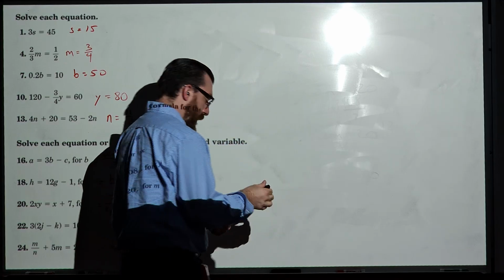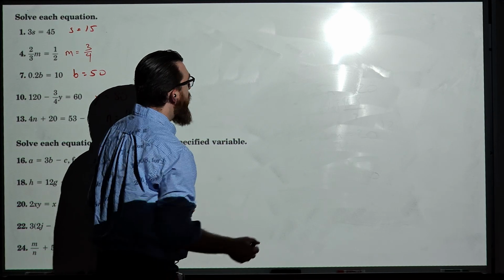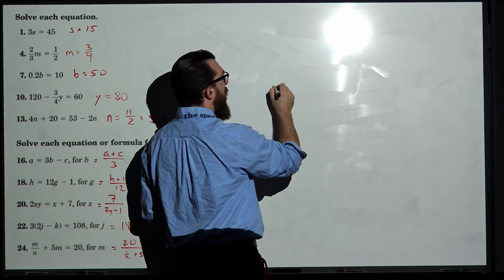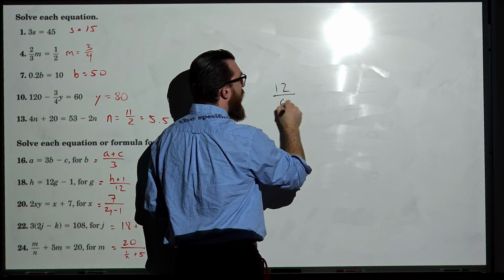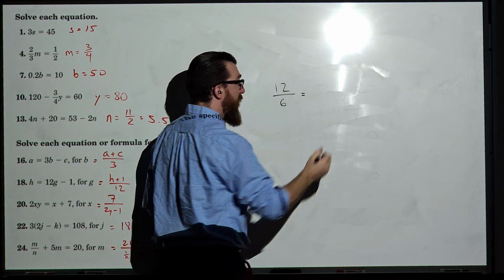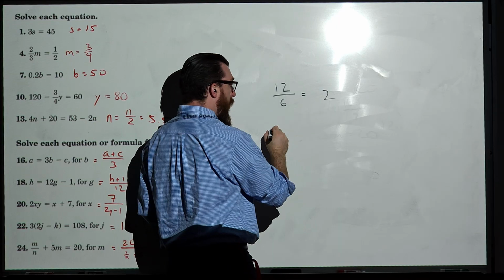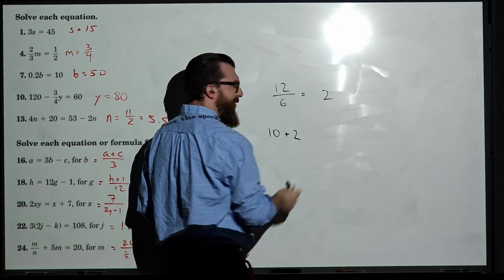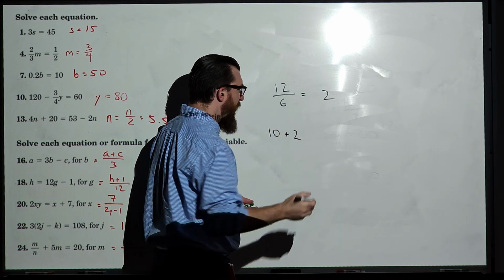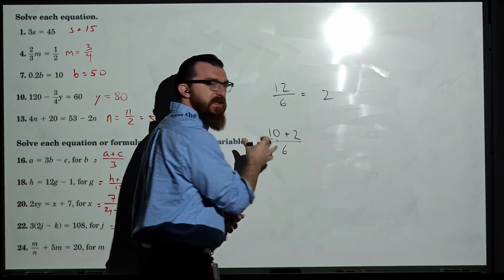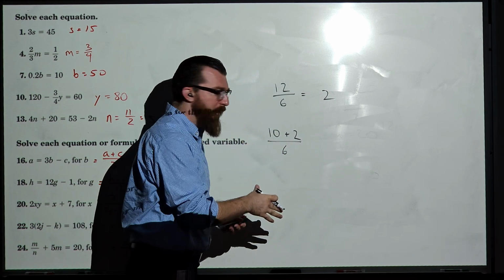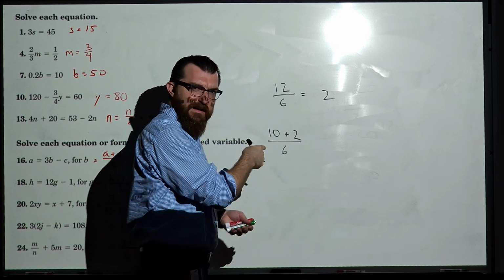Okay, so we are all familiar with, say, 12 over 6 equals 2, right? Okay, well, think about it like this. 12 is like 10 plus 2, right? So that means this must also equal 2. This one maybe isn't the easiest.